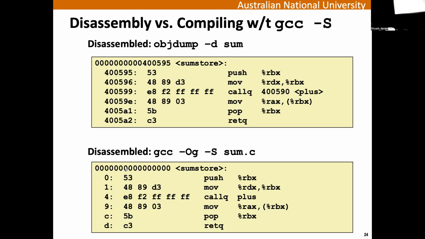Address for function. Exactly. When I'm doing the -S, the assembler has no information where the call is, right? This call here, the plus function, the assembler has no information.